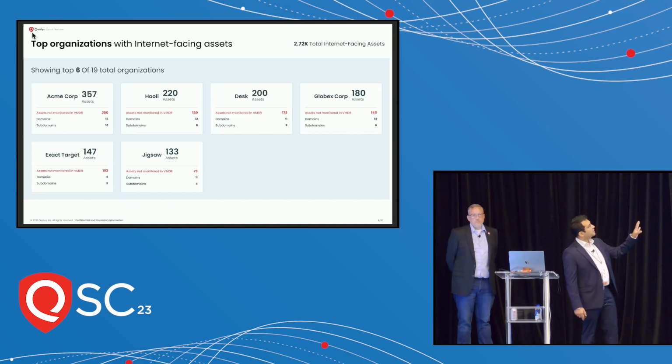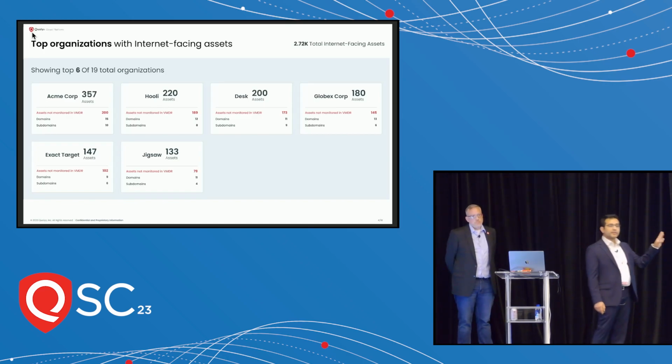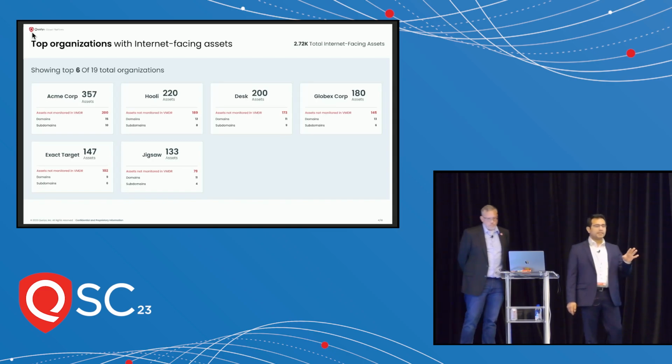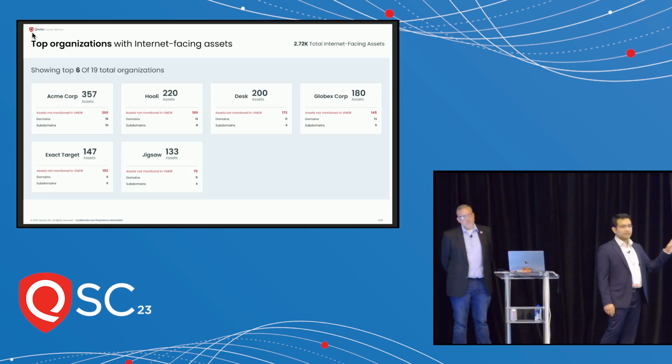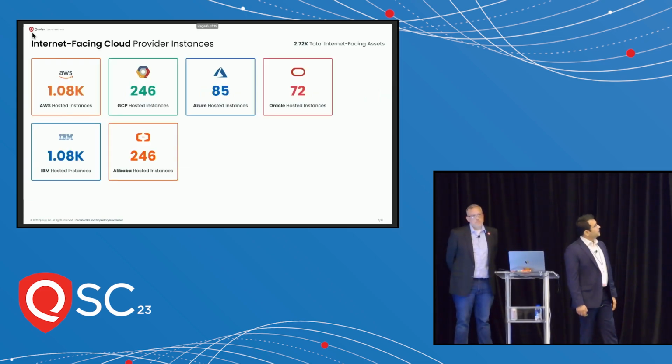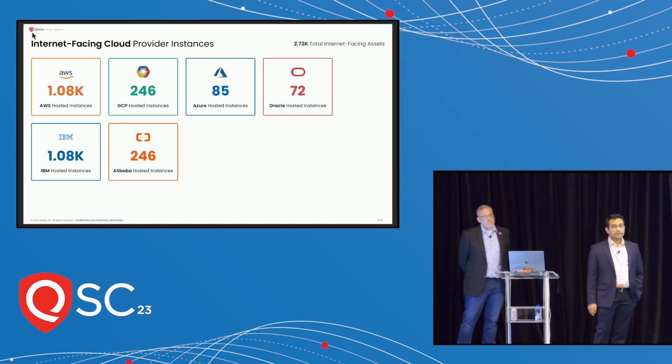And of course, this is from a summary report, but all of this data is in detail if you have a subscription with CSAM and you have EASM discovered. So again, breaking down how many of your internet-facing assets are on different cloud providers.